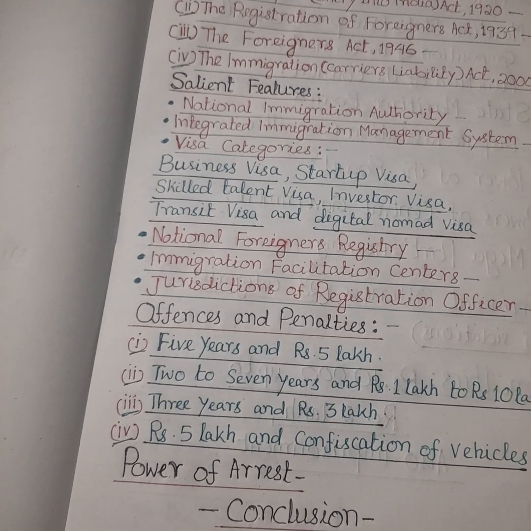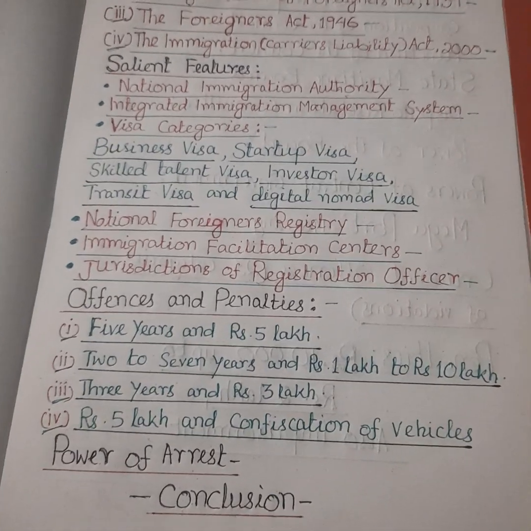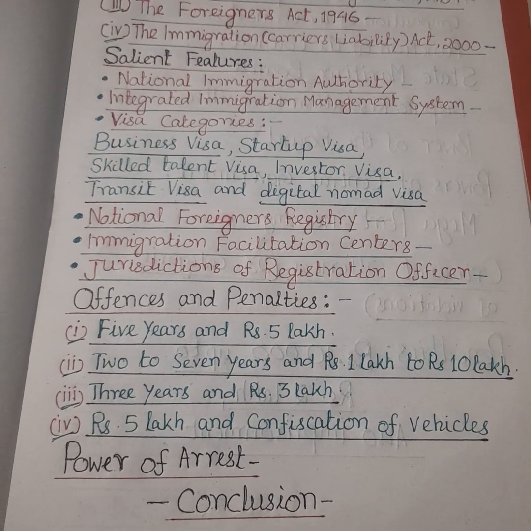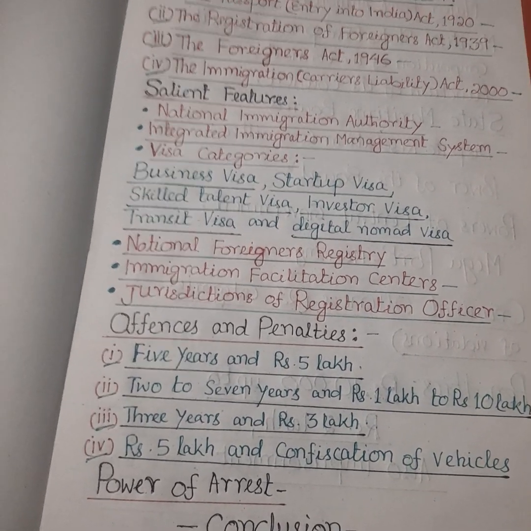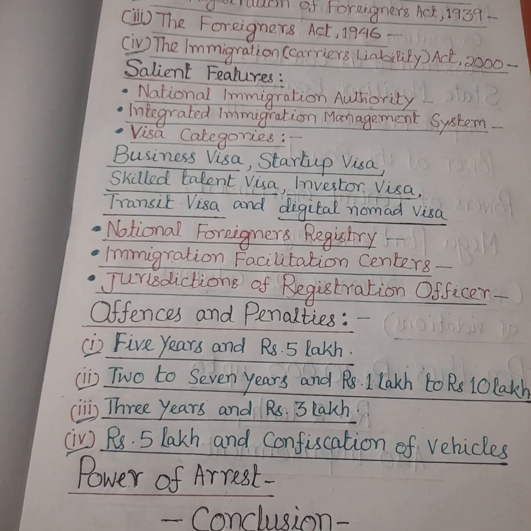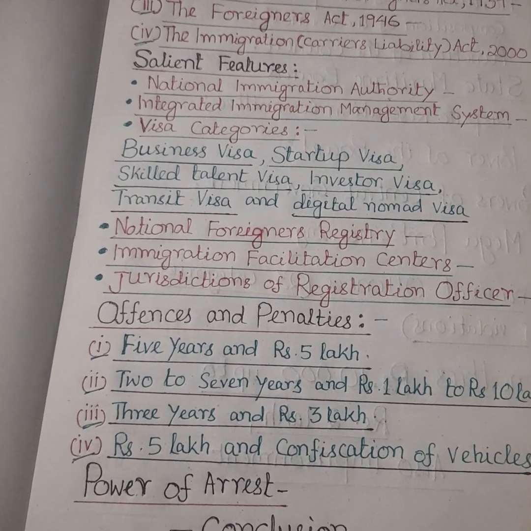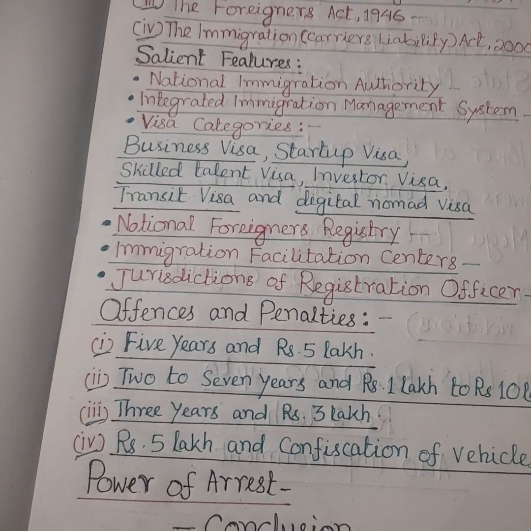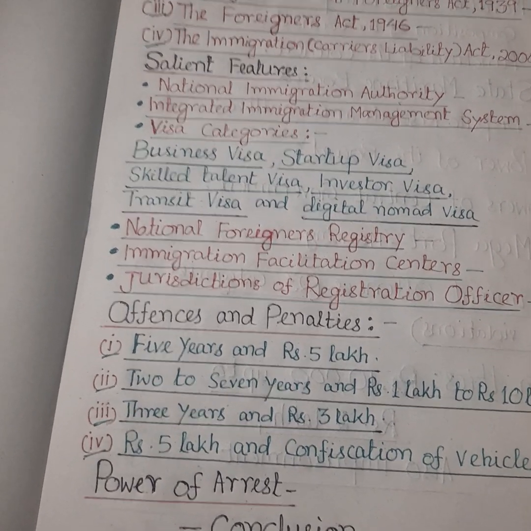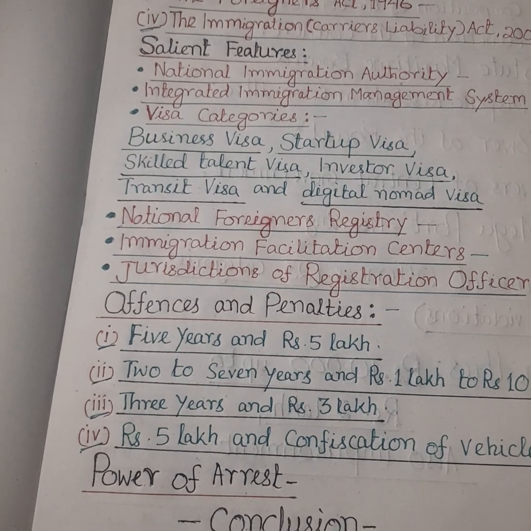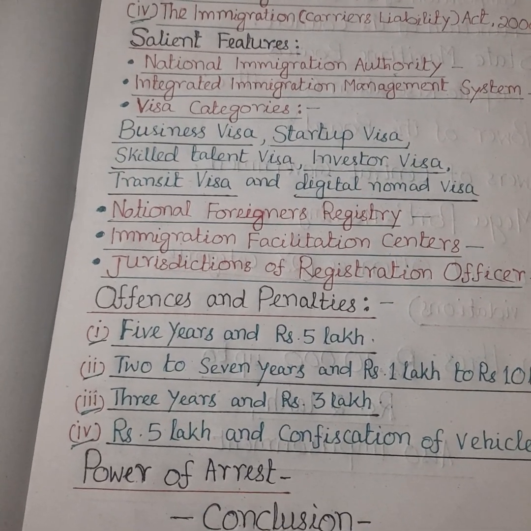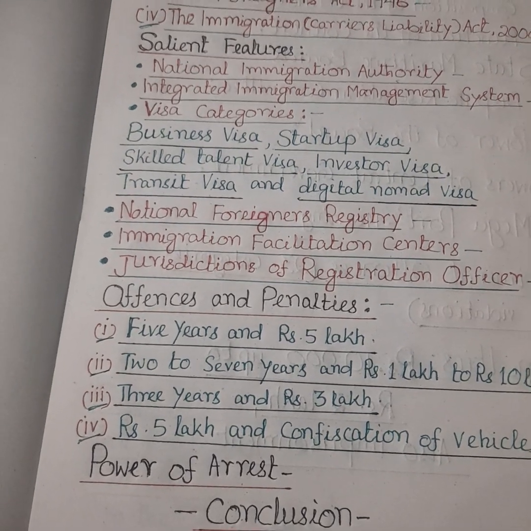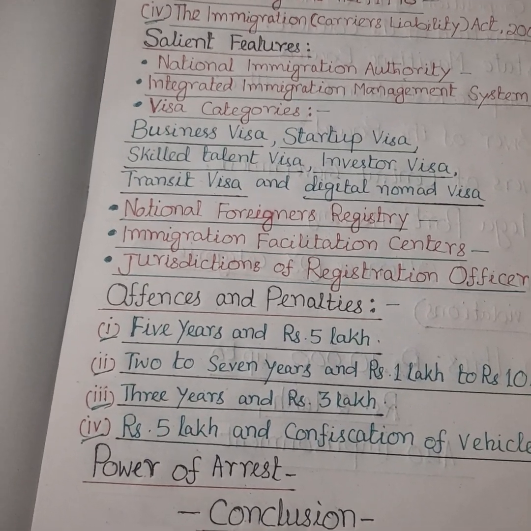So, in that connection, we would like to conclude with the objective that we have already discussed. The Indian central government introduced the bill on March 11, 2025 in the Lok Sabha as the Immigration and Foreigners Bill of 2025, and it was passed on 27th March 2025.